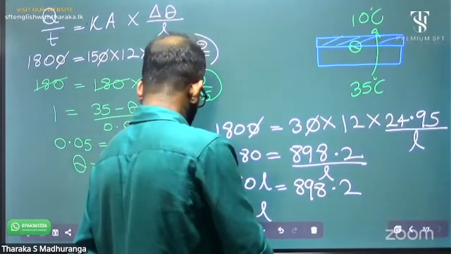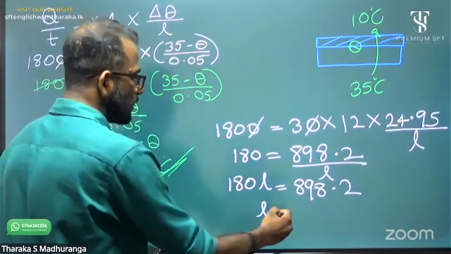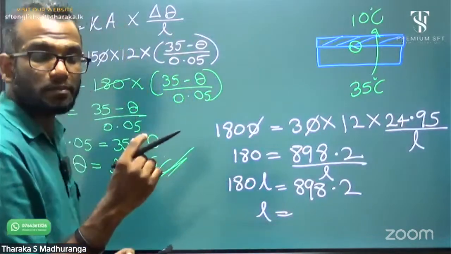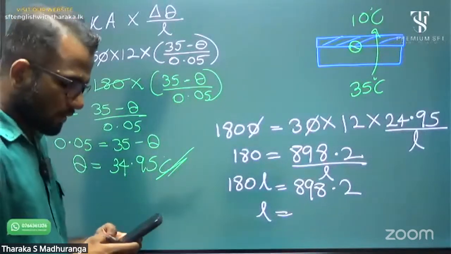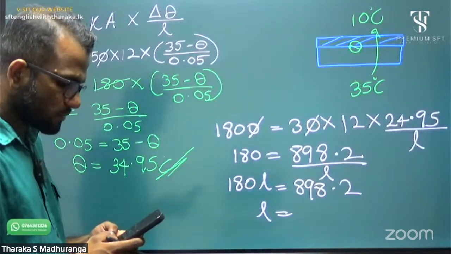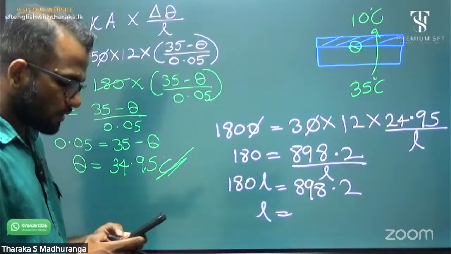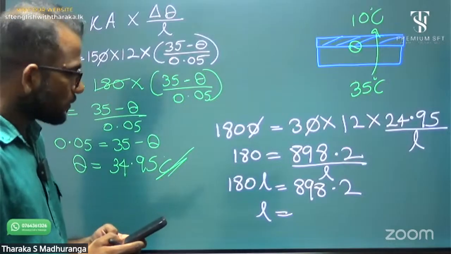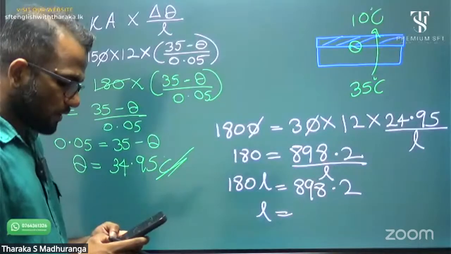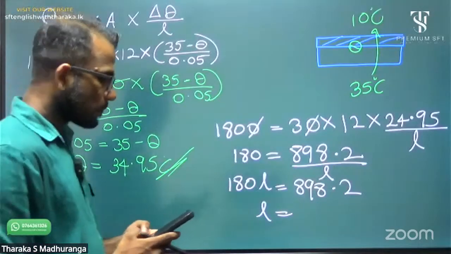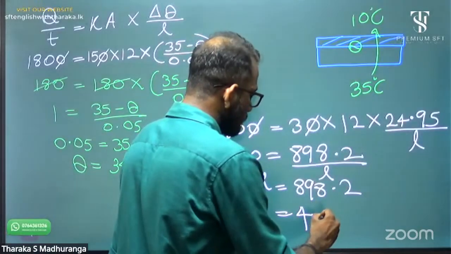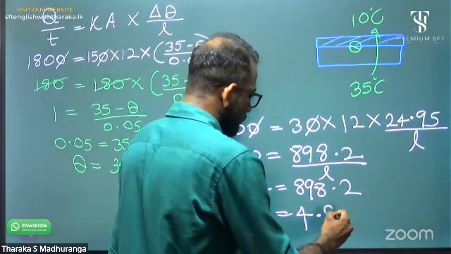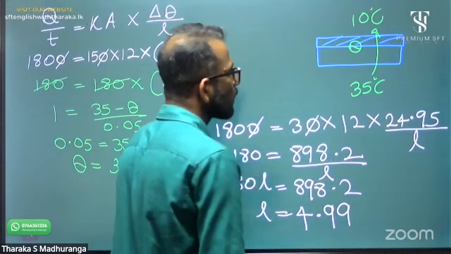L means the thickness, the fiber insulation layer thickness. L equals 898.2 divided by 180. It is 4.99.